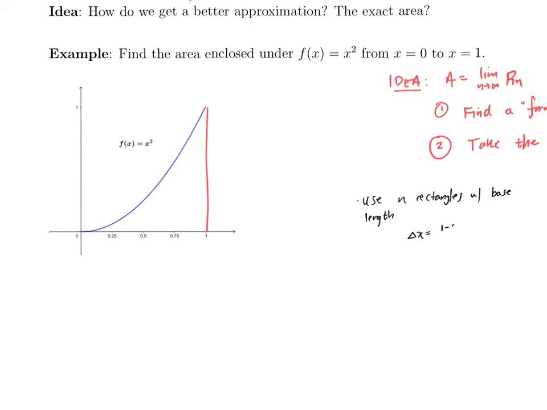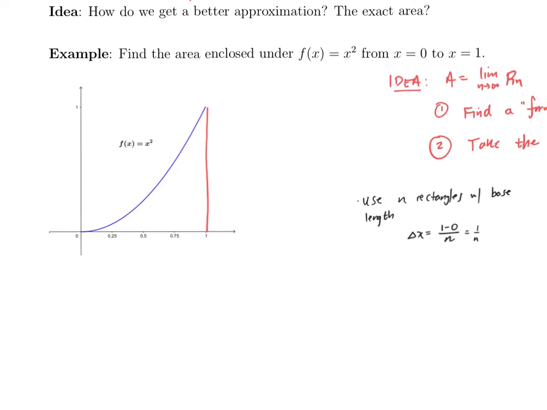So it's the length of the entire interval, 1 minus 0, divided by the number of subintervals we want to break it up into. In our case, this would be 1 over n.